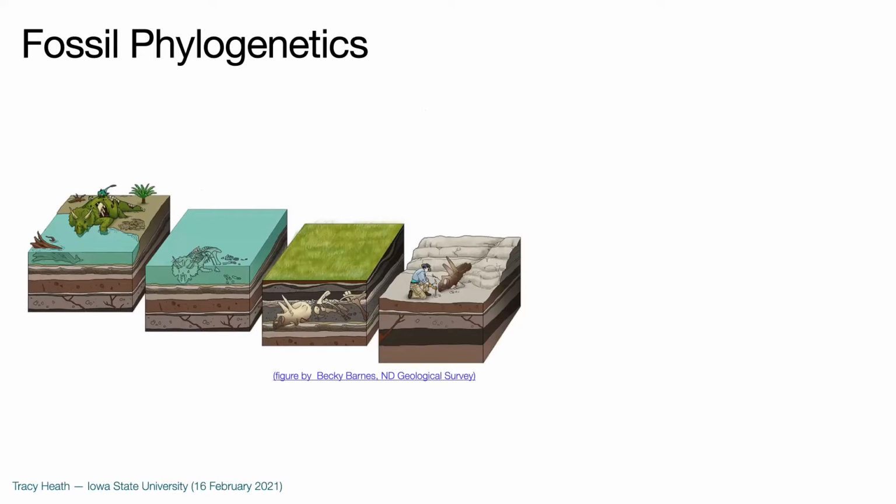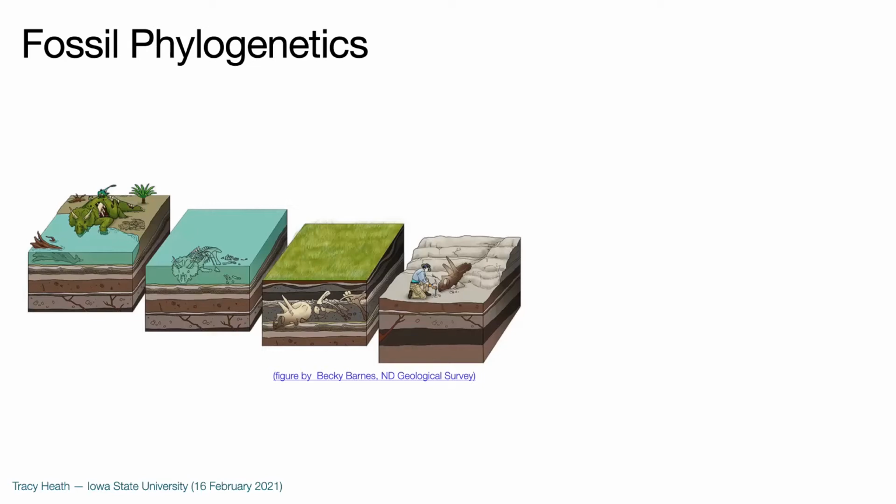Essentially, fossils are snapshots of a phylogeny that's been preserved over the history of Earth. A single fossil specimen can offer loads of information about the geology, ecology, and taxonomy of a particular clade.